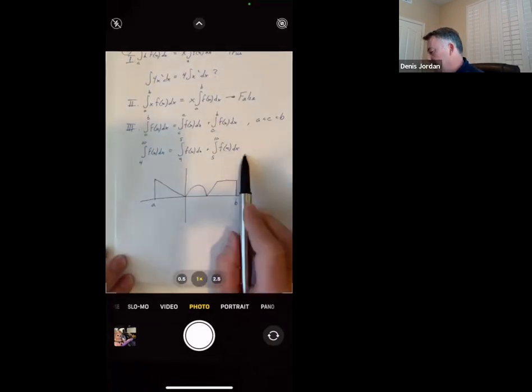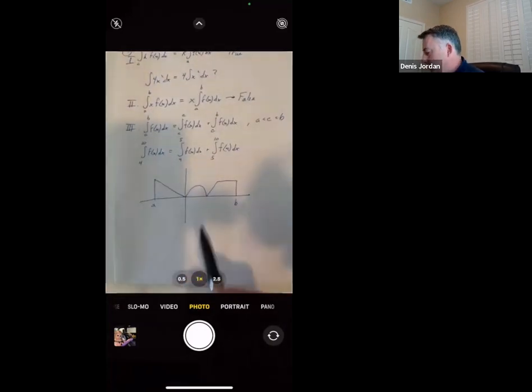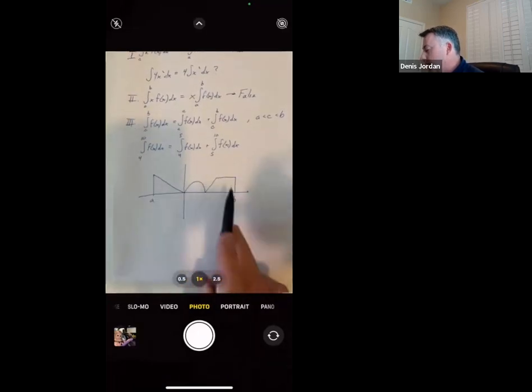So that's all this is saying. Because you can also go backwards. You can take the whole area and then split it and find just different sections of it.